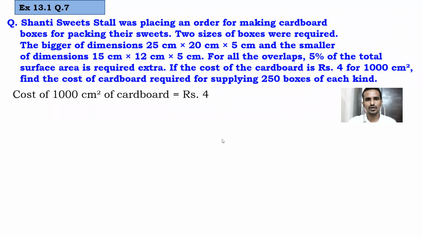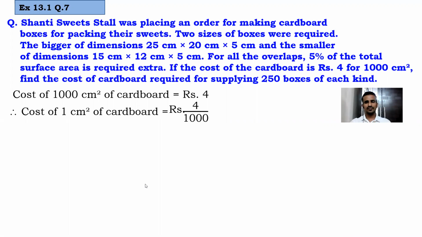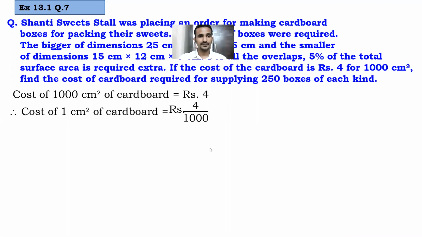So it will be 4 upon 1000 rupees. We'll just keep this fraction as it is. Decimal में convert करने की कोई जरूरत अभी नहीं है. So the cost of 1 centimeter square of cardboard is rupees 4 upon 1000, and this is the cost which we can directly multiply into the total surface area.